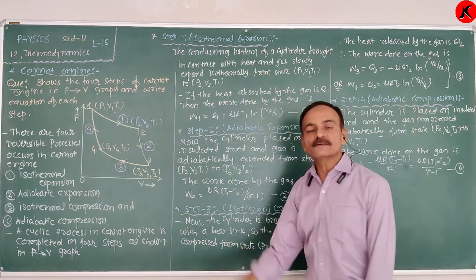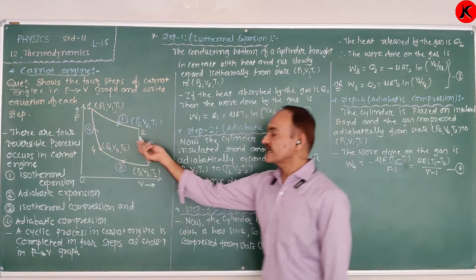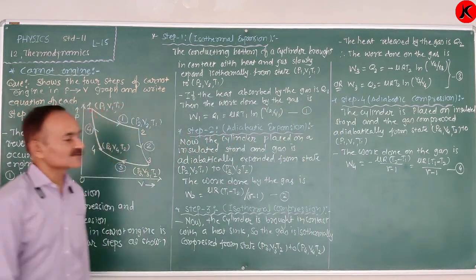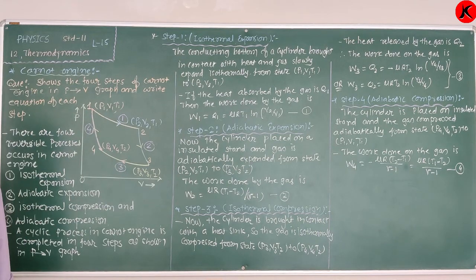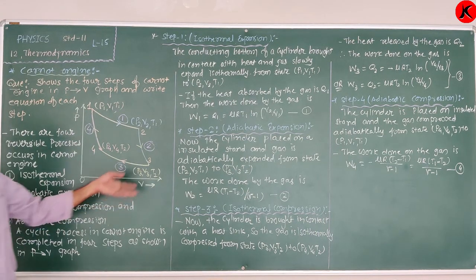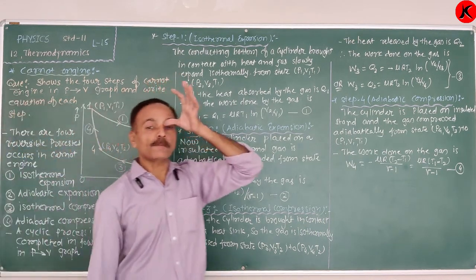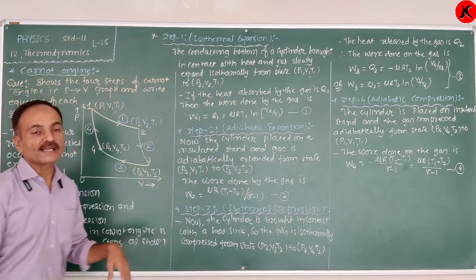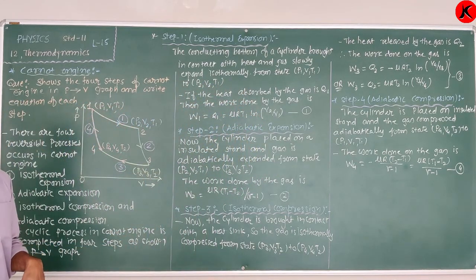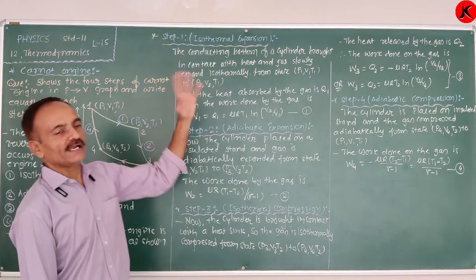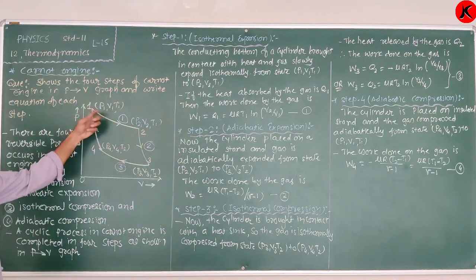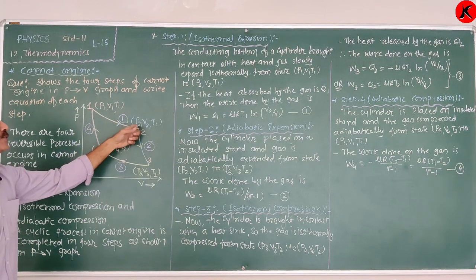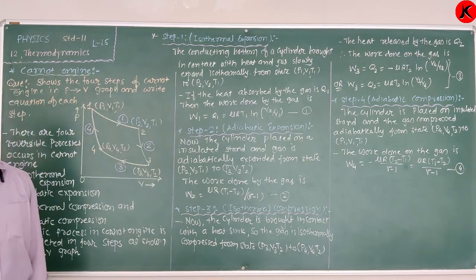The description represents how the working substance, the gas, isothermally or adiabatically expands or is compressed. For that purpose, the conducting bottom of a cylinder is brought in contact with heat, and the gas slowly expands isothermally from state P1 V1 T1 to P2 V2 T1.